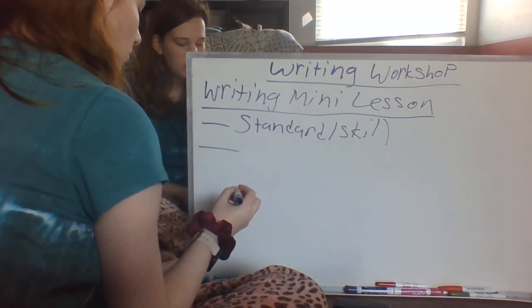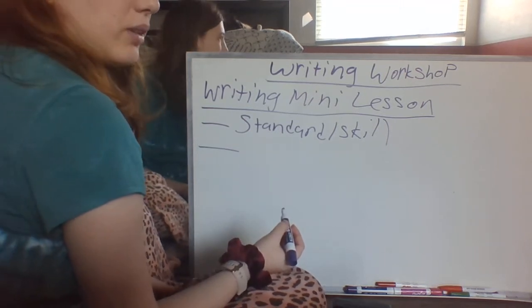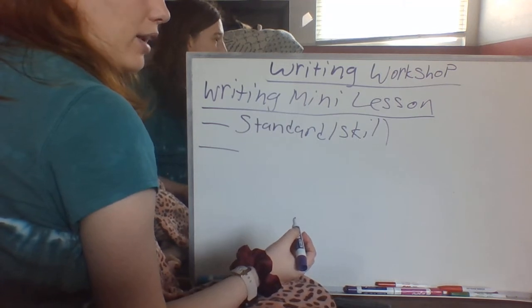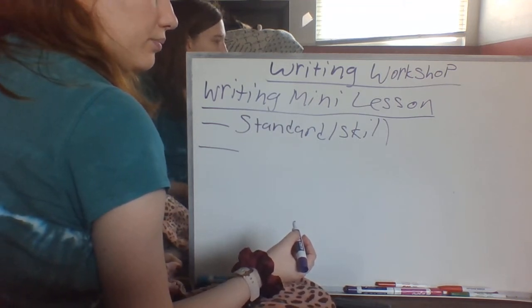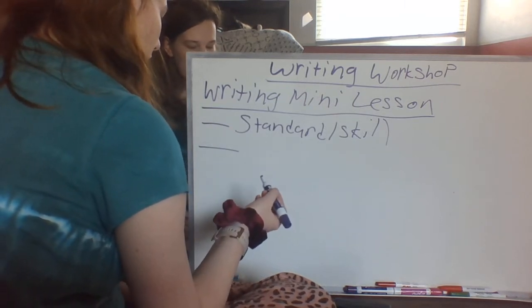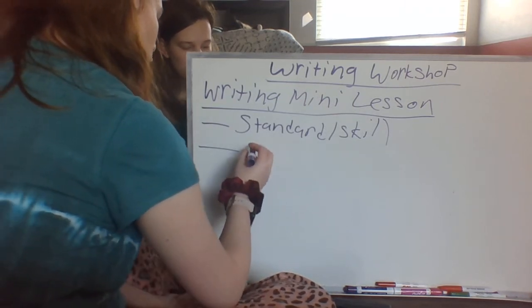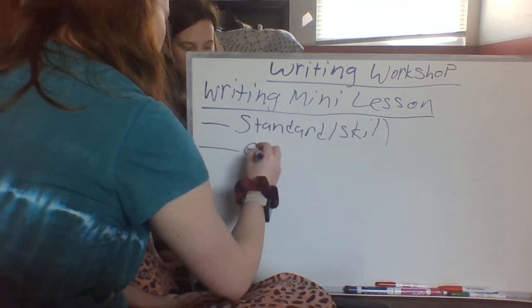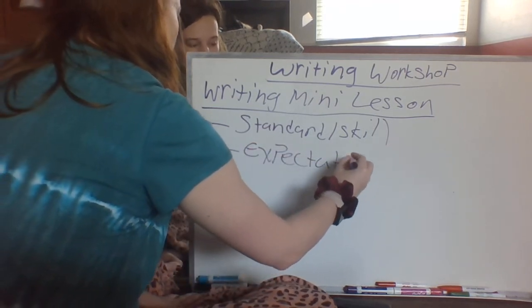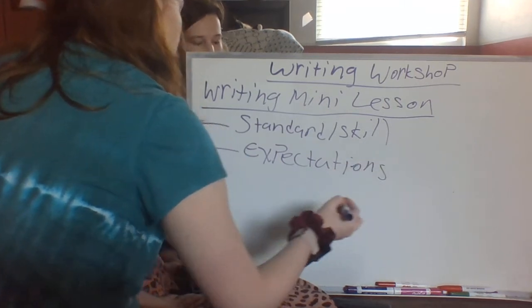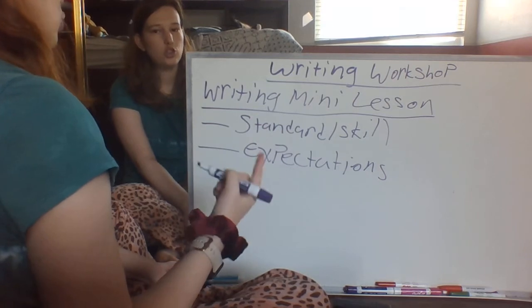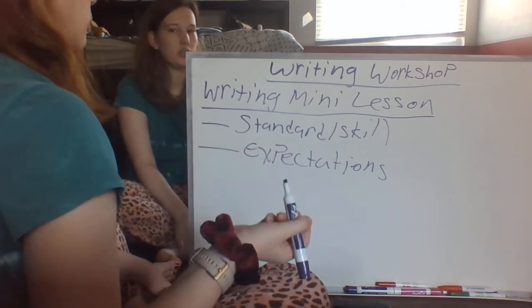I would then, with my mini lesson, write out what I would like the students to be doing, or what I'm expecting students to do, so expectations. So there are definitely going to be some expectations that I would like the students to meet. This could also be your objectives.